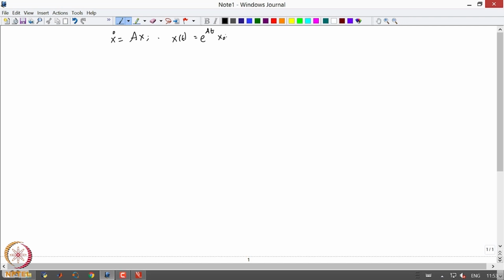A lot of it depends on e power At, and we know that if the eigenvalues of A have strictly negative real parts, then this would mean that all entries of e power At converge to 0 exponentially fast.